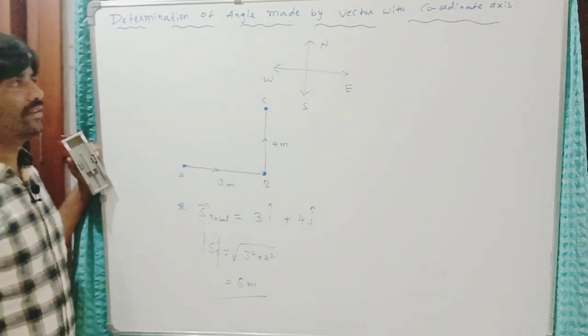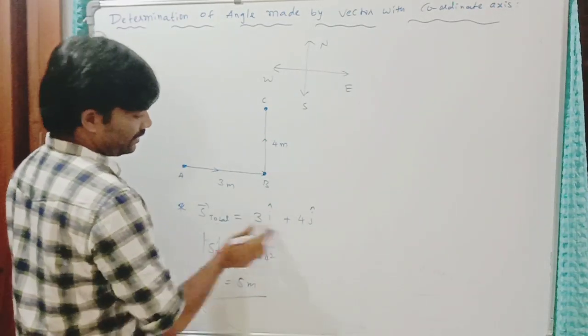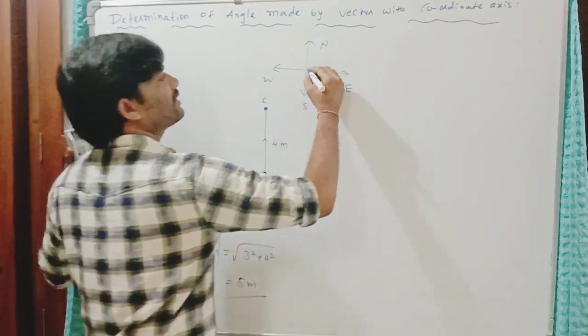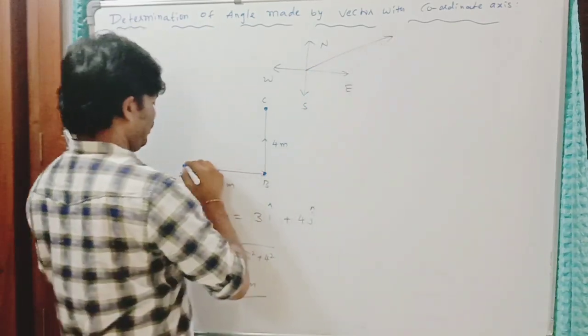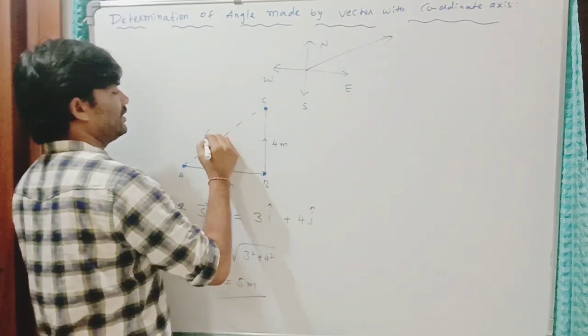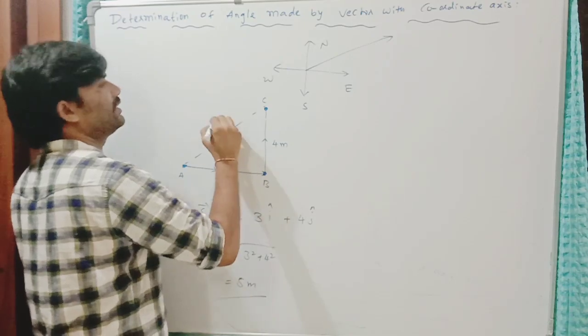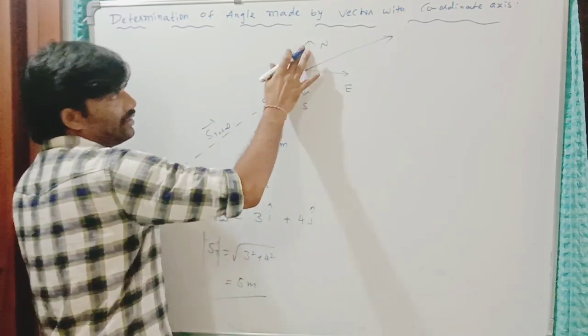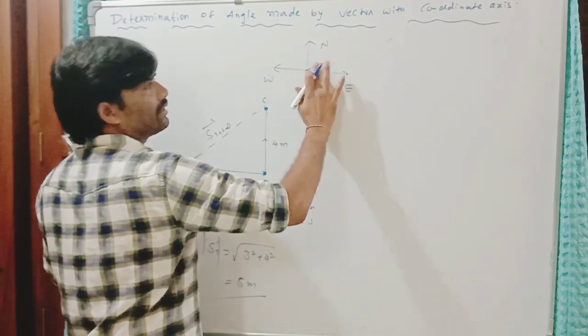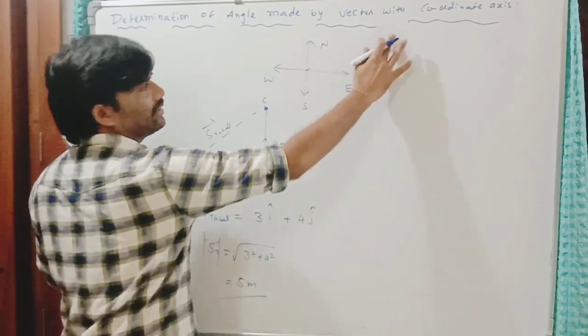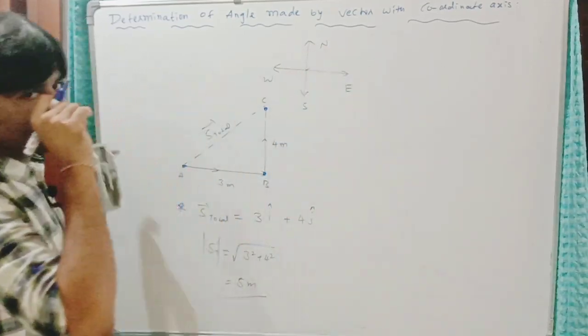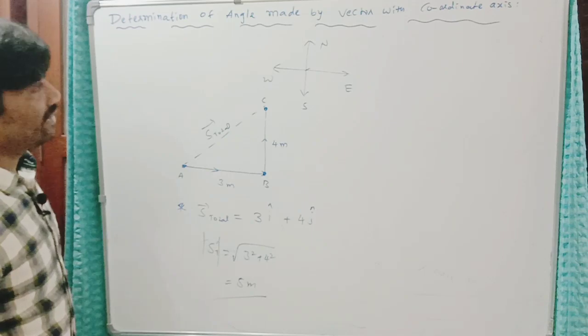What about the direction? Direction of this. So definitely this vector lies in first quadrant. If you join this, this is the total displacement. So it is in the direction that lies between north and east. So is it exactly northeast?